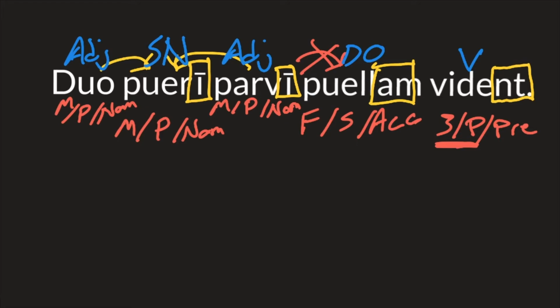Our subject is boys, not boy, because it's plural. The basic sentence is the boys see. But this subject has two adjectives describing it. There are two of the boys, two boys, and then these boys are called small, parvi. So our whole subject phrase is two small boys.